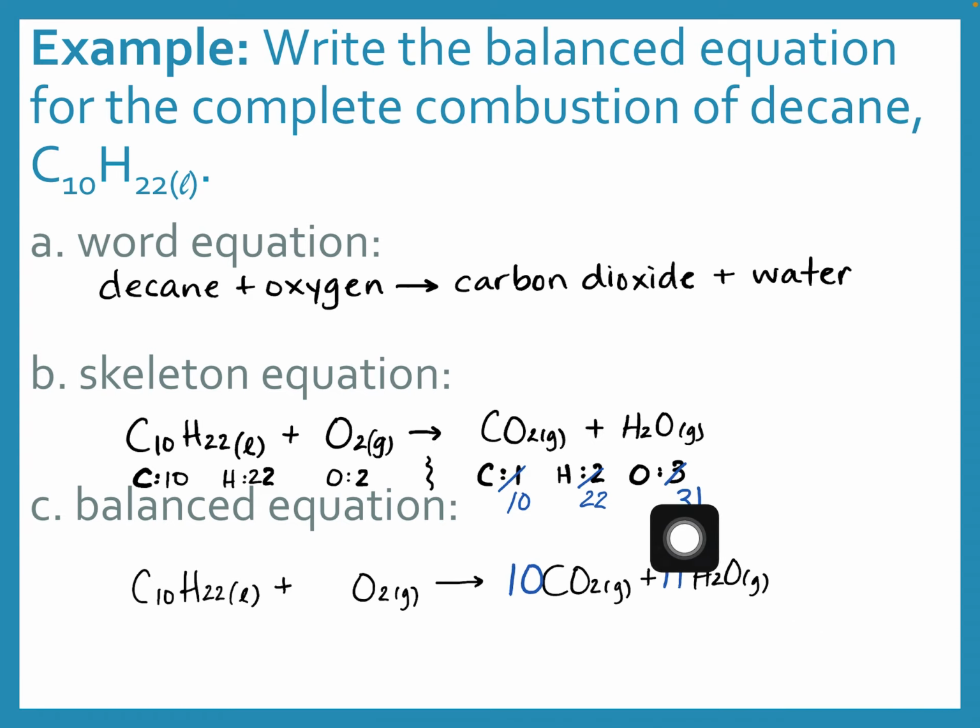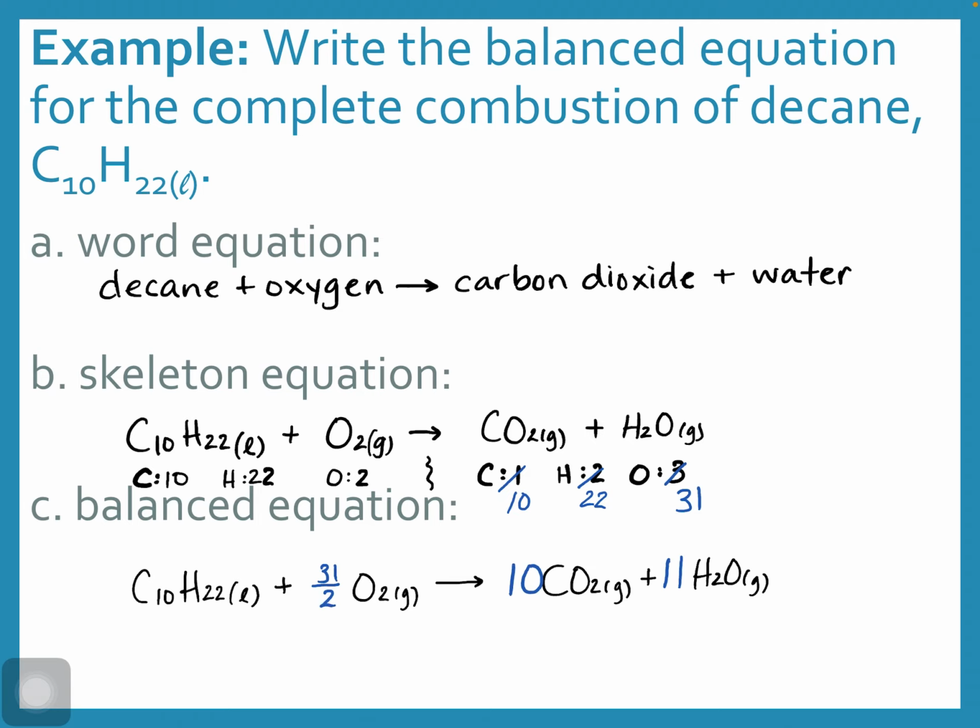So this is where, if you end up with an odd number at this point, you can either double everything, so this becomes 2, 20, and 22, and then you can appropriately change how many of everything you have and put a whole number there, or use 31 halves. So it's always the number of oxygens you need, and then half the amount because oxygen comes in groups of 2.